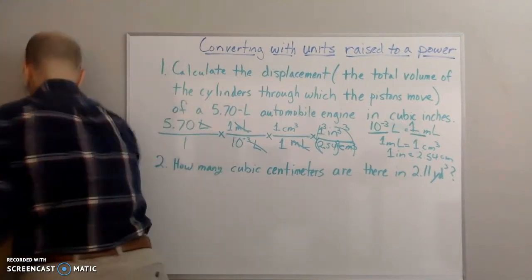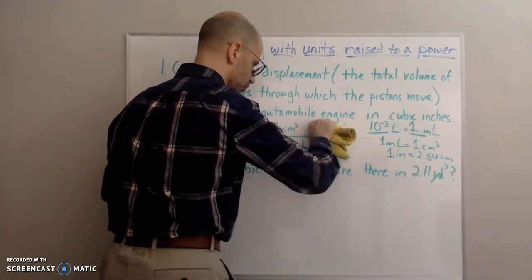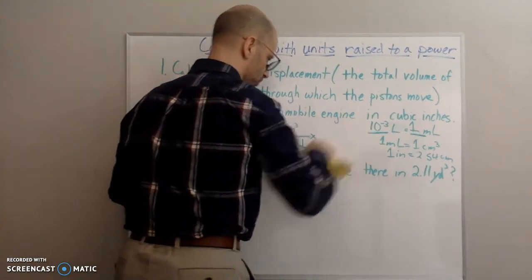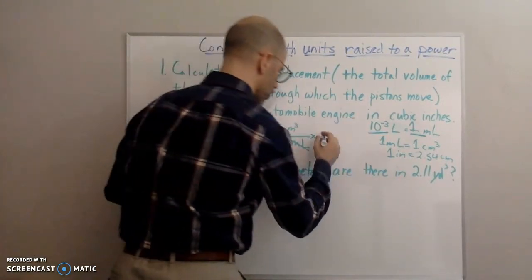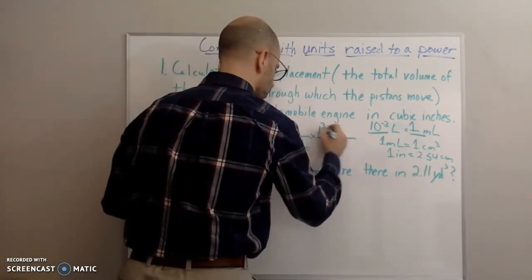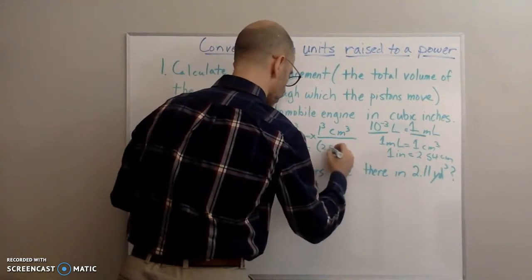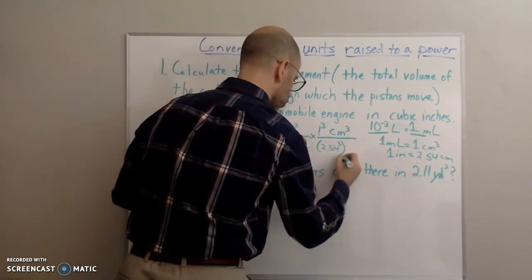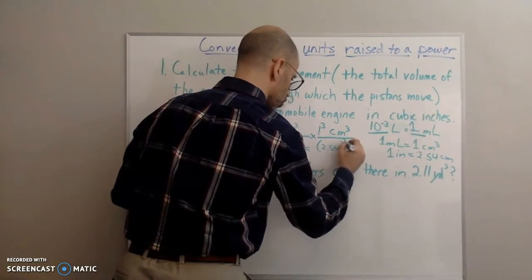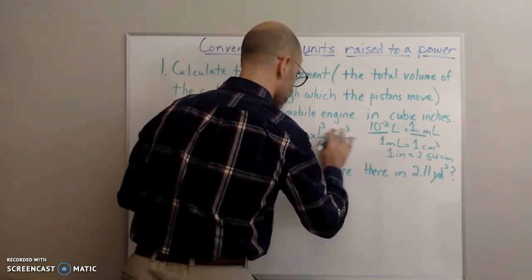So let's rewrite this so it's not as dirty, so it's clearer. Here I have 1 cubed, centimeters cubed, 2.54 cubed, and then that's inches cubed.